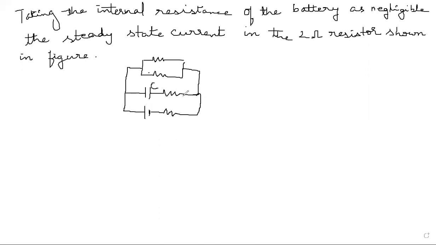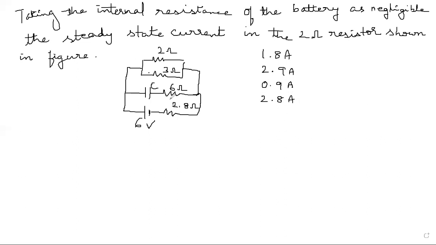So it is 2 ohm resistor, 3 ohm resistor, 6 ohm resistor, 2.8 ohm resistor, say 6 volt we have. So options are 1.8 ampere, 2.9 ampere, 0.9 ampere, 2.8 ampere.